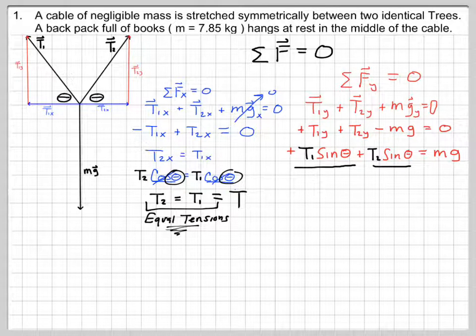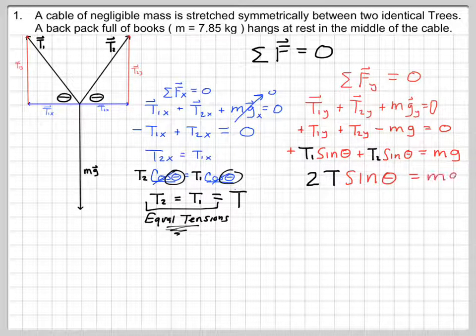Once you see that the tensions are the same, just replace T1, T2 with just T. So essentially what we've got here is 2 times the tension sine theta equals mg. That's a big deal. That this term and this term are the same term.